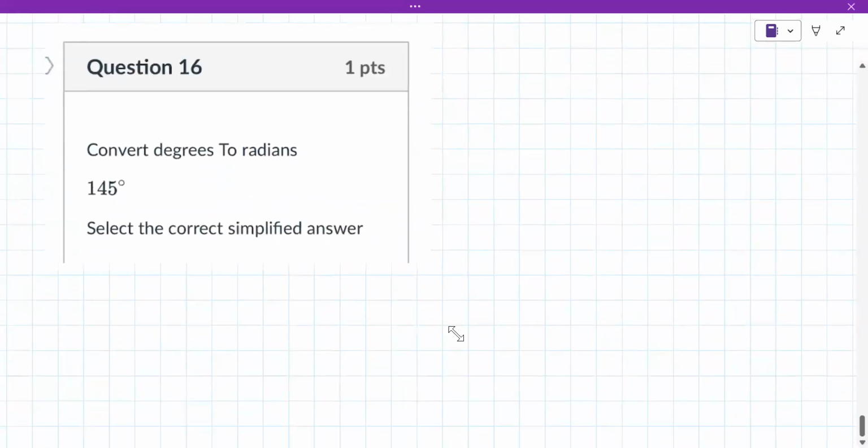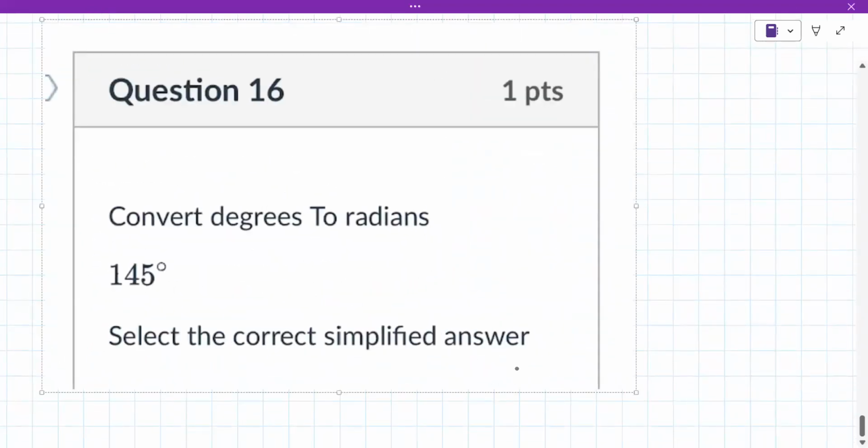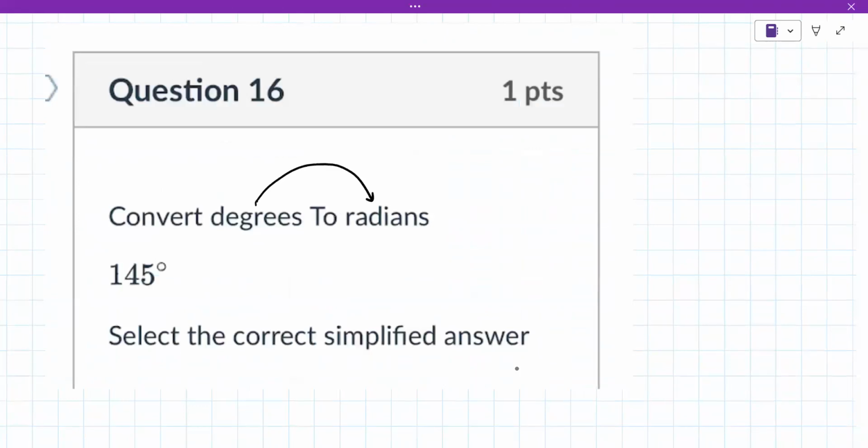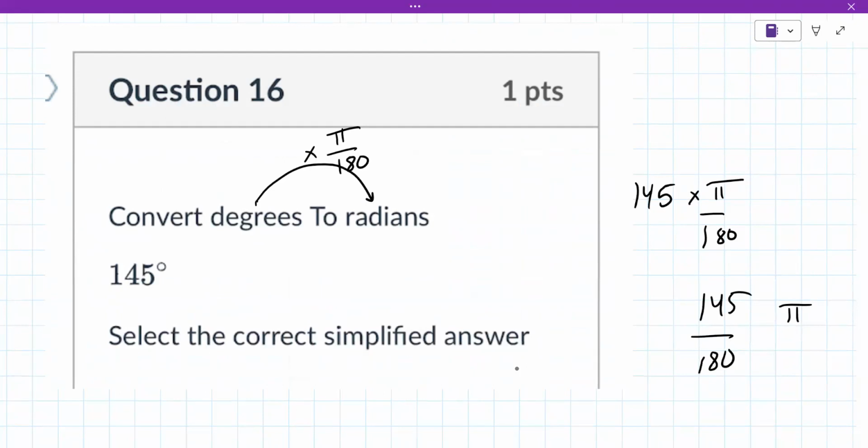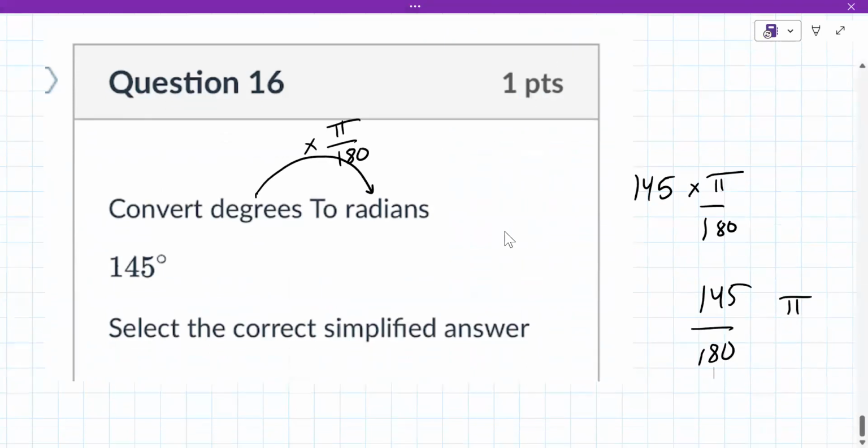Okay, so kind of like rinse and repeat here. There is a formula to convert from degrees to radians. You multiply by pi over 180. 145. Yeah, now what you don't do is include the pi in your calculator. You just go to 145 over 180. Or in this case, you have to reduce this fraction by hand.